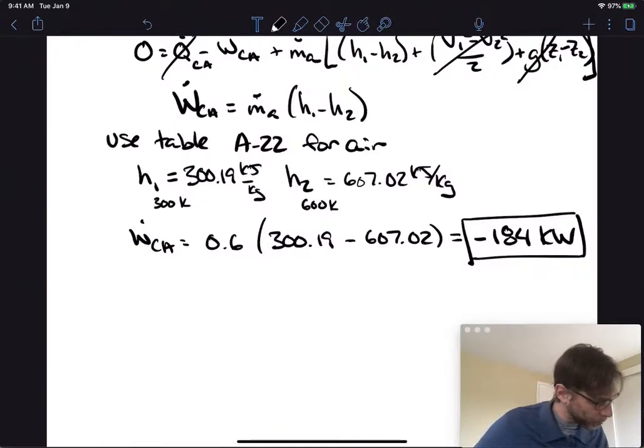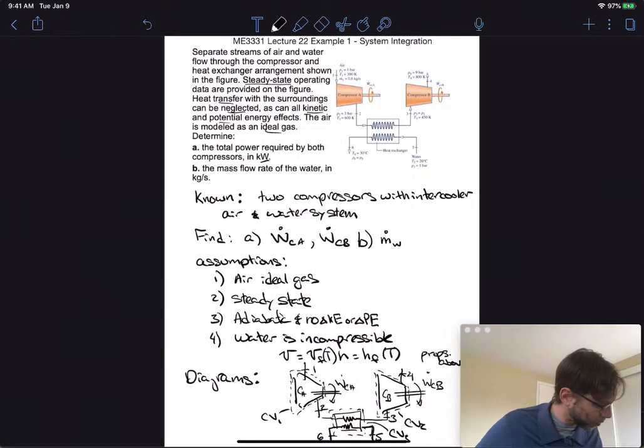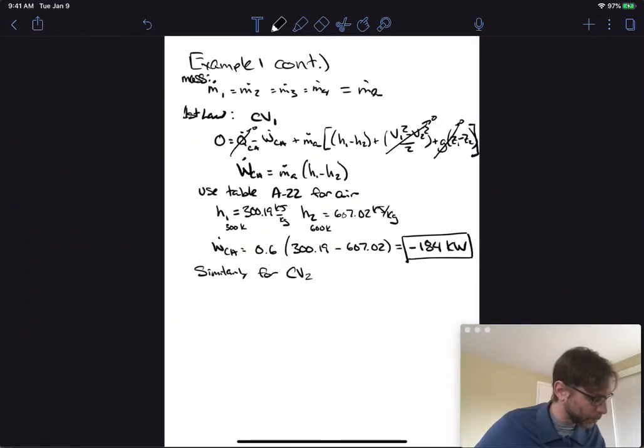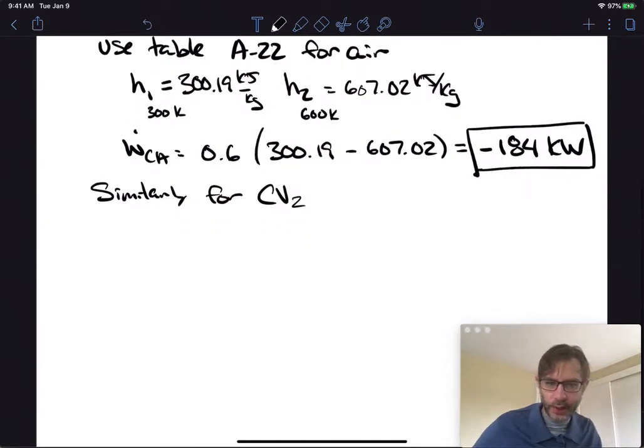Okay, so similarly, for the compressor, control volume 2, we had a similar deal. And so we're going to repeat our first law.